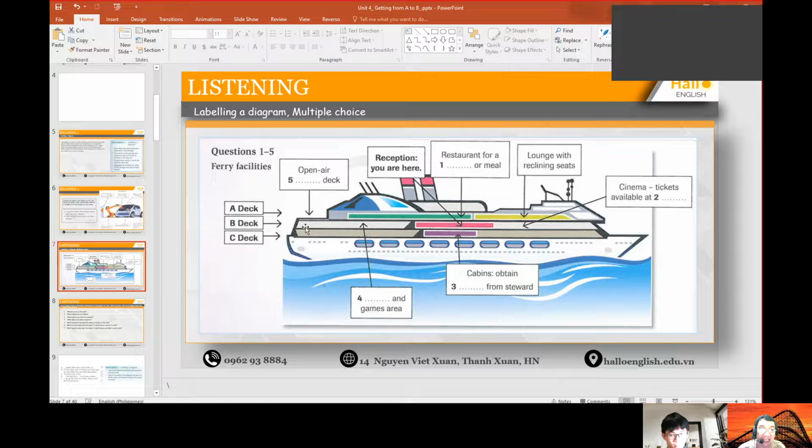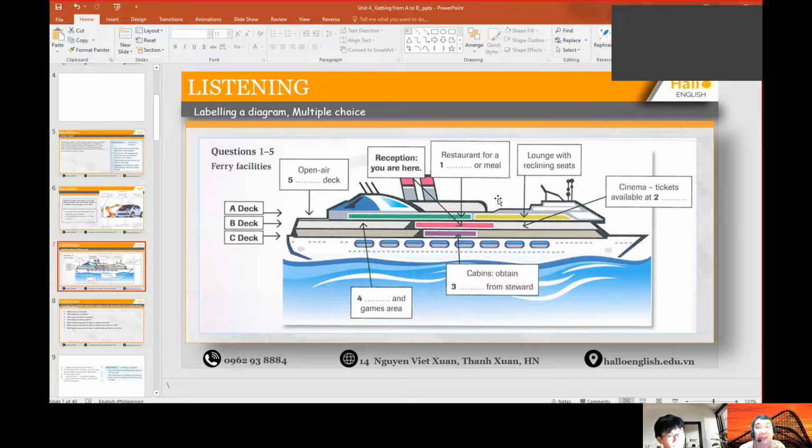In the B deck, right? Number one, restaurant for a superb breakfast or lunch or meal. So it's superb.